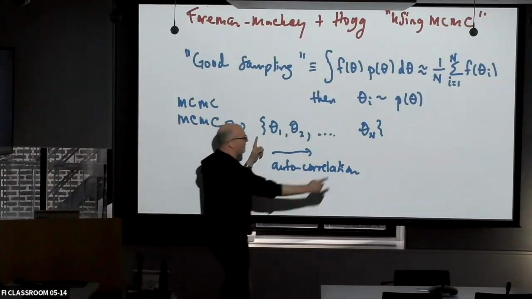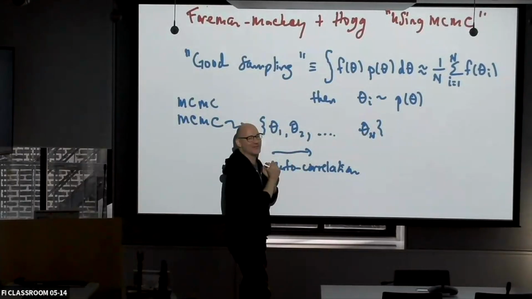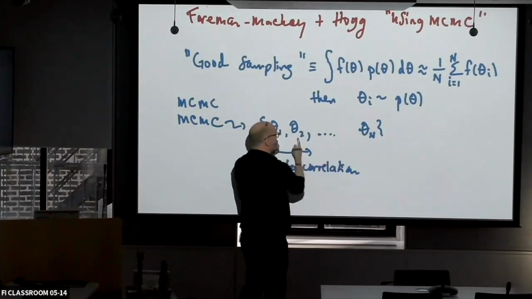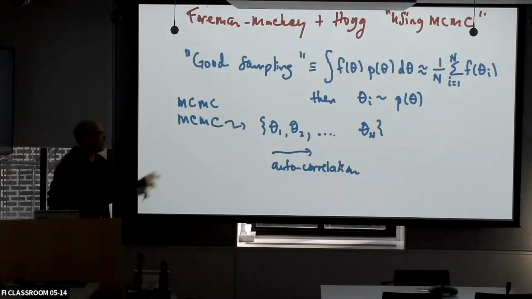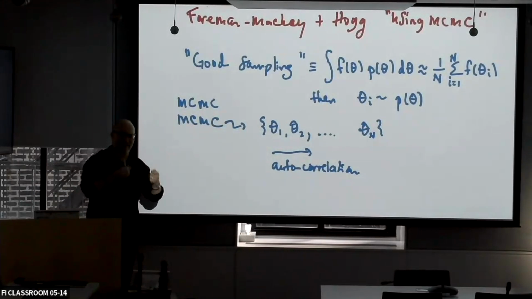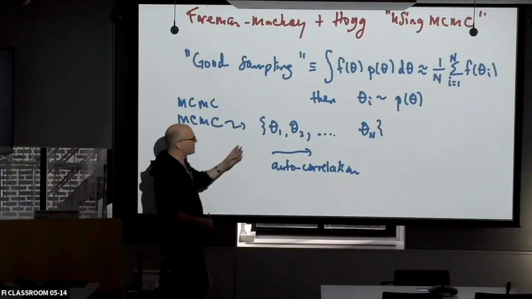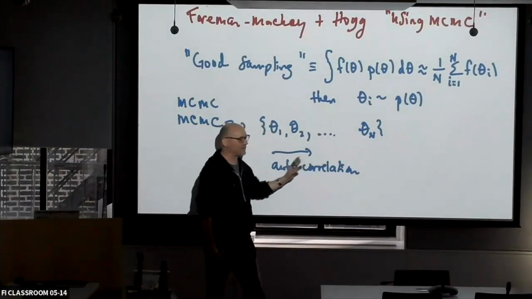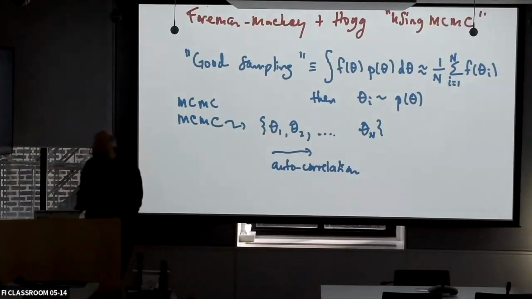The correlation between these two samples has to be less than or equal to the correlation of nearby samples, because of the way a Markov chain is set up. Because a Markov chain only has local state and you're updating a local state. And anyway, it has to do with that. And so even though you've produced n samples, because they're correlated, you don't actually have n independent measures. We talked about that last time.